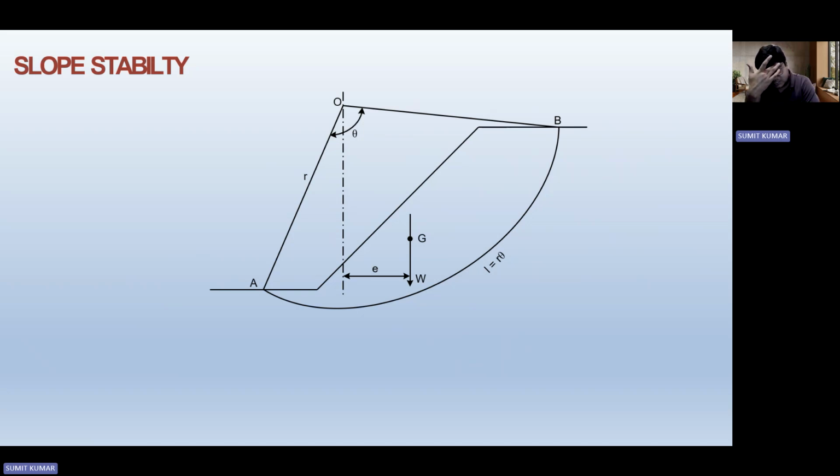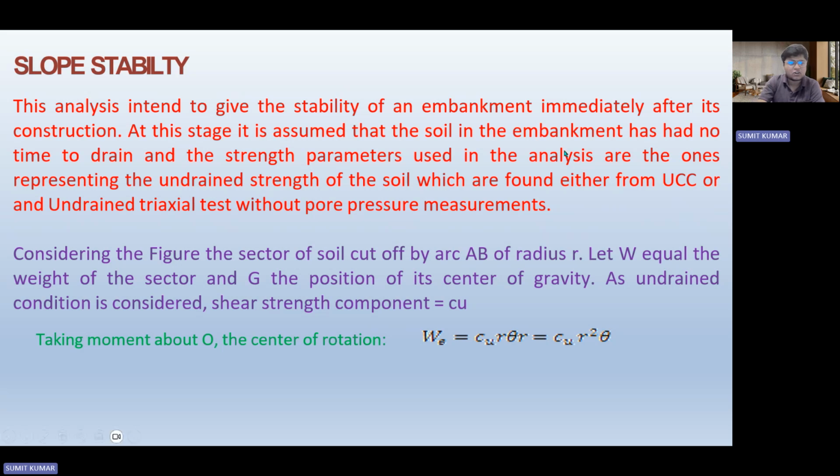Now this is another method, the Swedish slip circle method, in which we calculate the factor of safety by dividing the cohesion moment by the weight into distance E, that is the eccentricity from the center, and in that manner we are able to calculate the factor of safety. Right? Now we see the elaborate terms for that also.